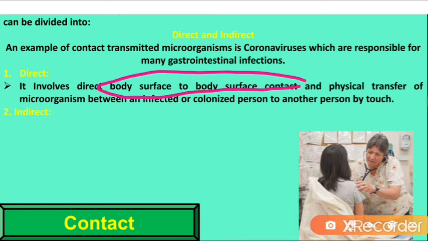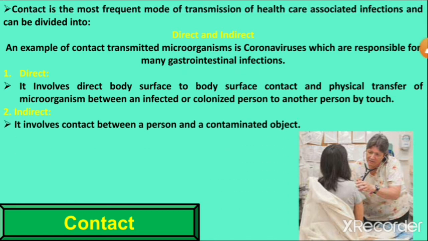If you come in contact with another body, then transmission of disease occurs. If we have contact with any infected person, then the disease from that infected person will come into our healthy body.